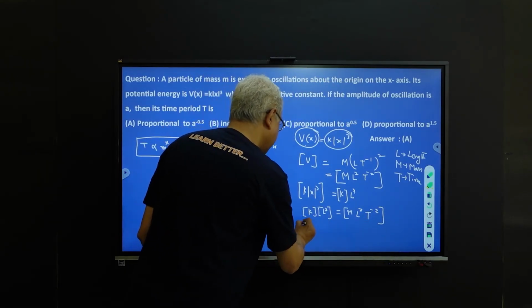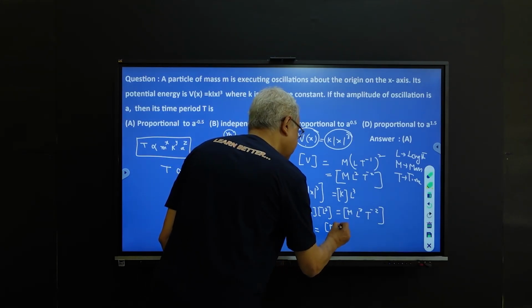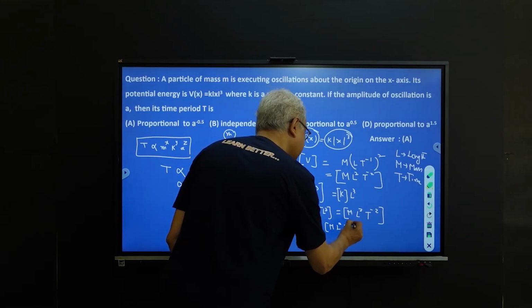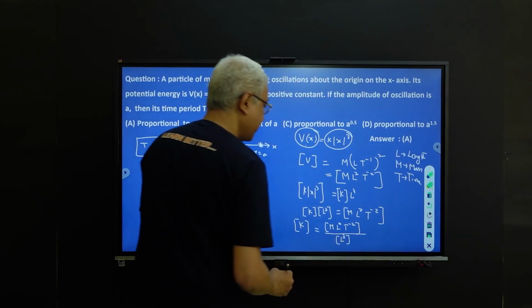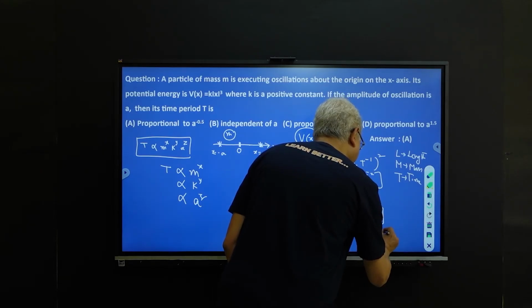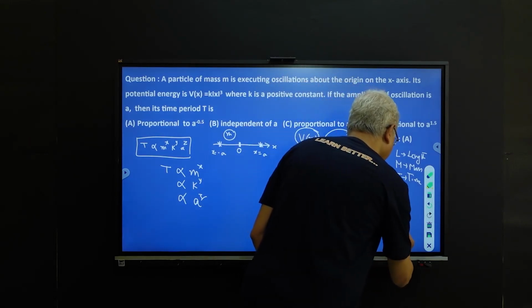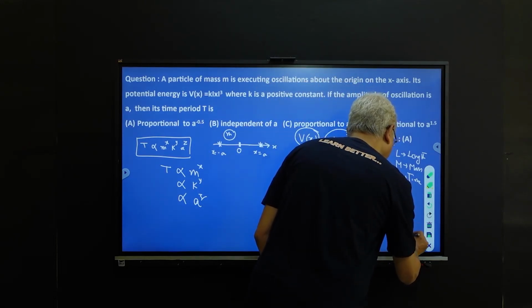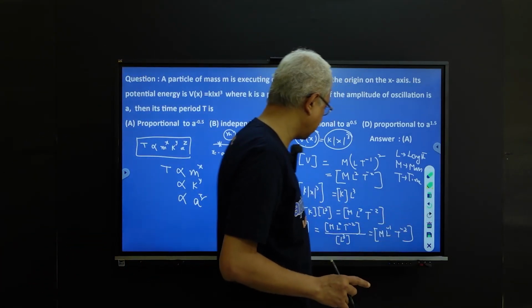So k's dimension should be equal to M L square T to the power minus 2 divided by L cube. So it is M L to the power minus 1 T to the power minus 2.